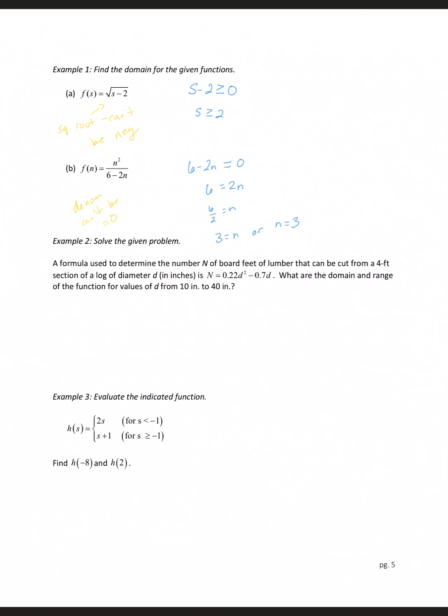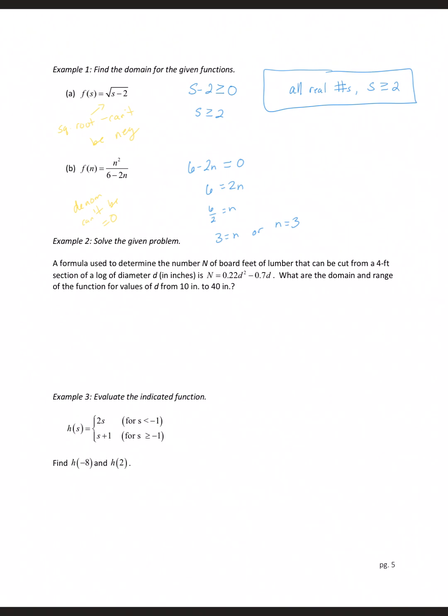So now, since we're trying to find the domain of a function, we need to add a little bit more to this answer. What we want to say is all real numbers where s is greater than or equal to 2. This would be the domain of this function, meaning we can use any value of s that's greater than or equal to 2.